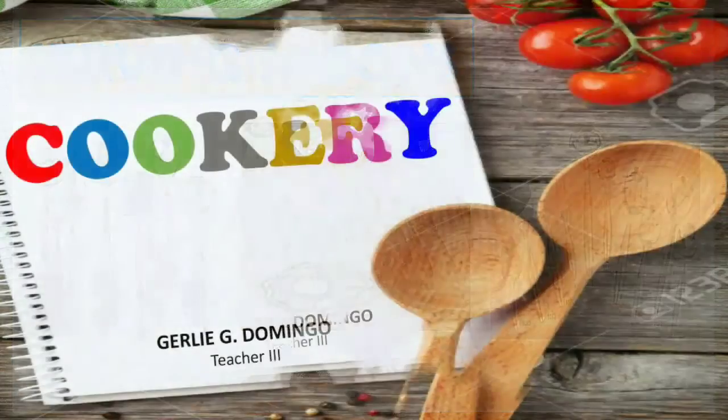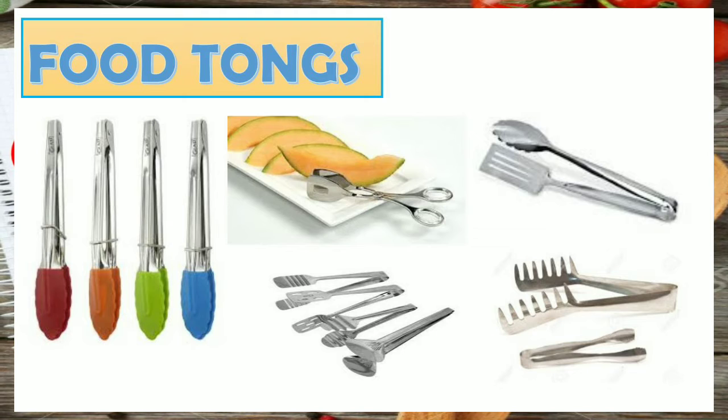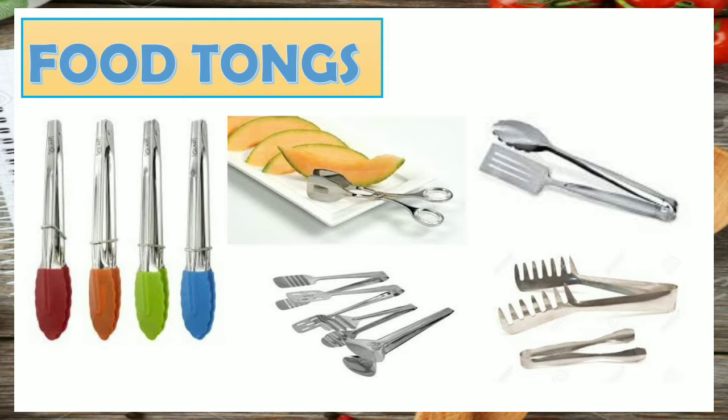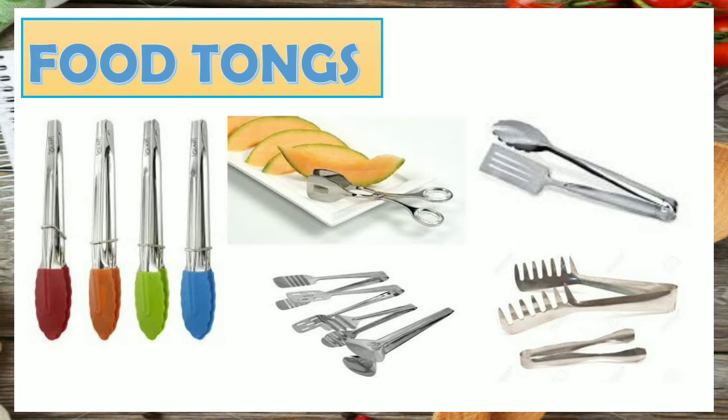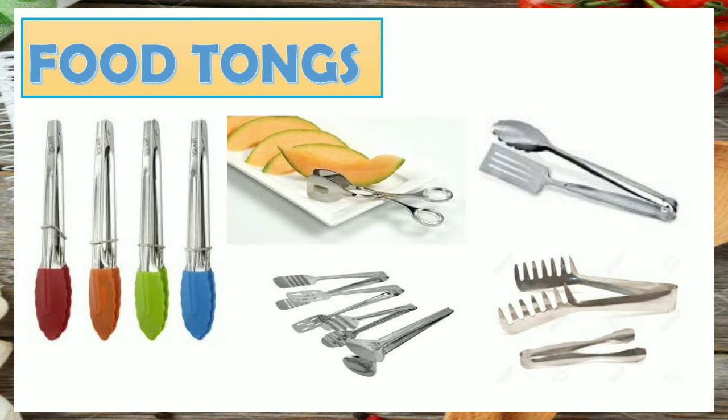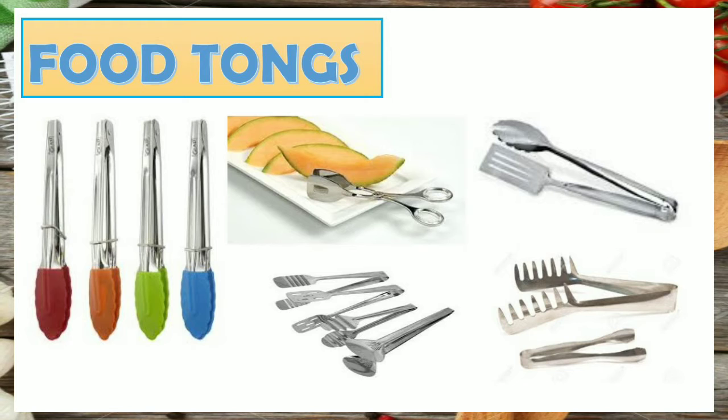Okay, next, how about this? Are you familiar? These are food tongs. We use food tongs for lifting hot ingredients or serving food. It comes in different designs according to its use.